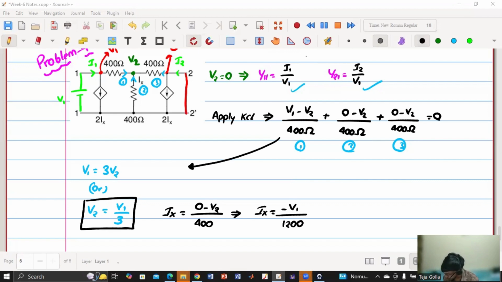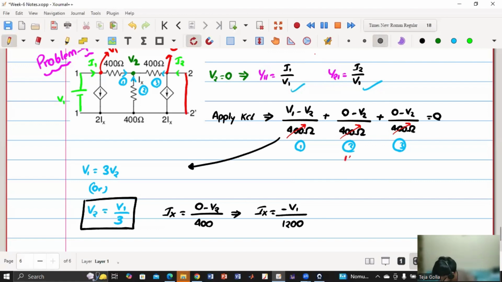If you solve this equation, you get V1 equals 3V2, because the denominators, which are all the same, get cancelled. So the numerator equals 0, which is V1 minus 3V2 equals 0, or V2 equals V1 by 3.